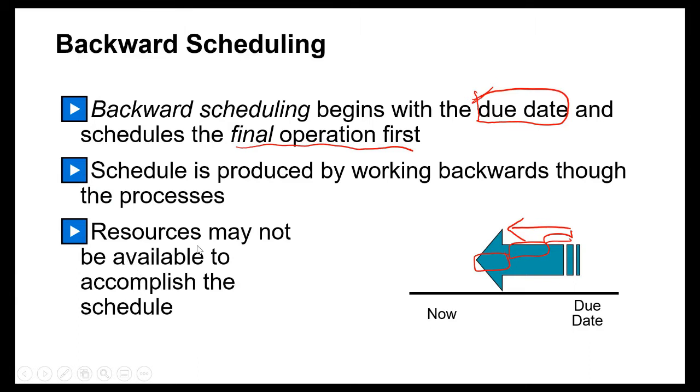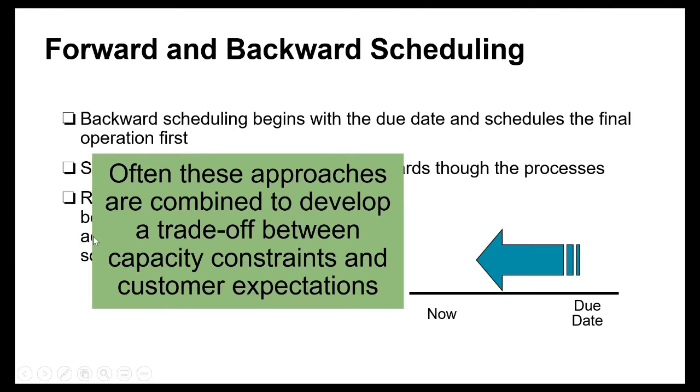The disadvantage is resources may not be available to accomplish the schedule. Because if we have too many jobs to do at the same time, then you may not have the machine or the people or the workers. So often these approaches are combined.